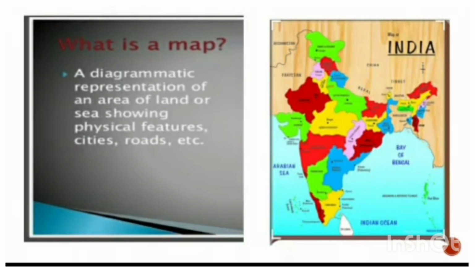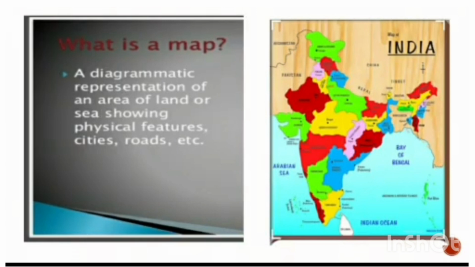Now in the map of India we can clearly see different types of lines drawn in between, and these lines indicate the states. So here we can see the state of Gujarat, the state of Rajasthan, and in the east we can also see Assam, West Bengal.